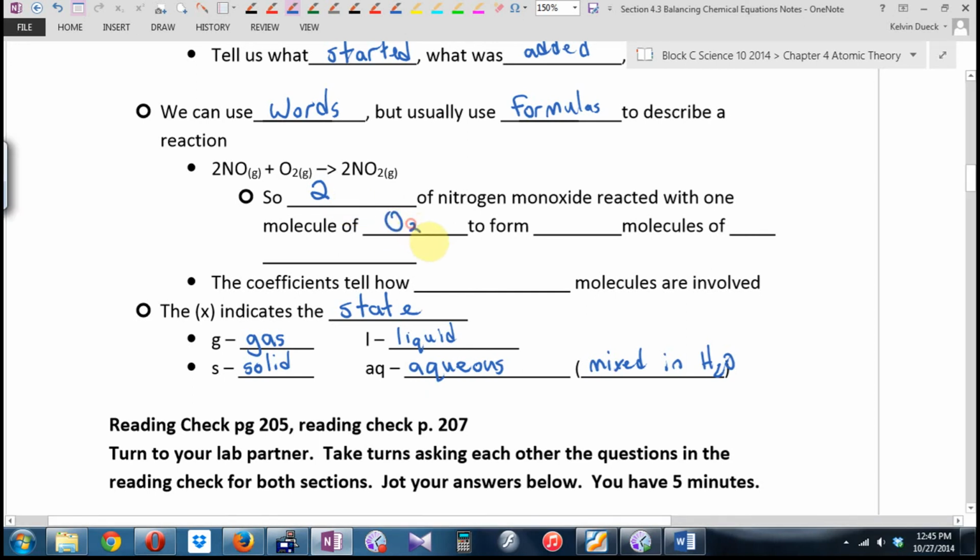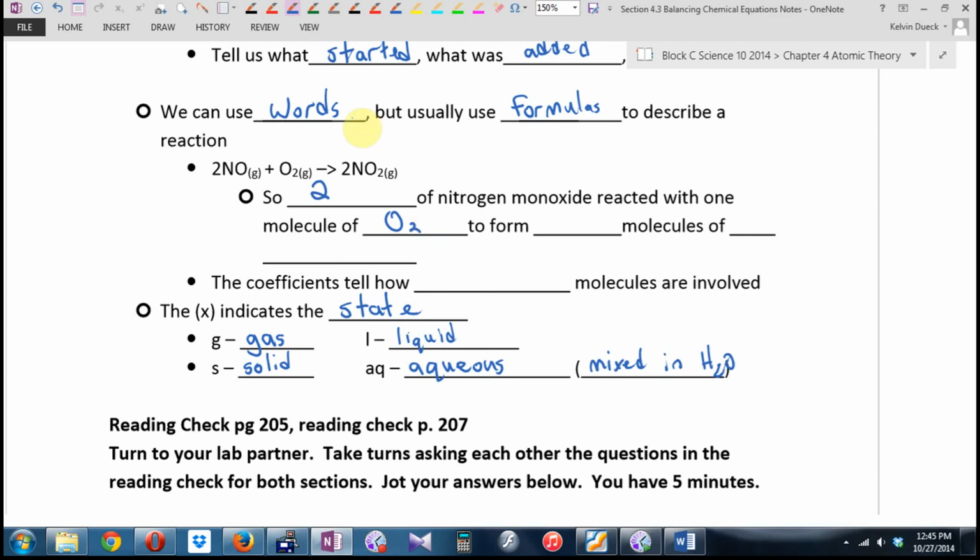Well, oxygen is never by itself. Oxygen is always O2. So one molecule of O2, of dioxide, if you want to say it that way, to form, okay, so we started out with two molecules and one molecule. How many molecules do we get on the right-hand side, grand total?